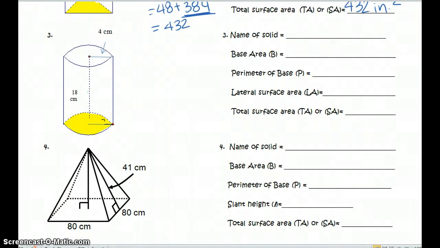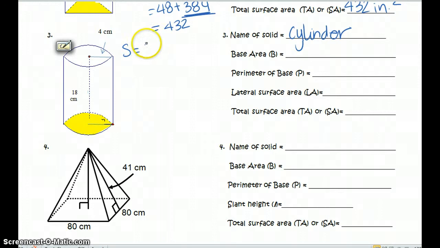All right, let's take a look at number 3. Number 3, the name of the solid is a cylinder. So the formula for a cylinder, remember, is the same actually for a prism. It's just that the shape of our bases is now circular. So it changes what computations we make.